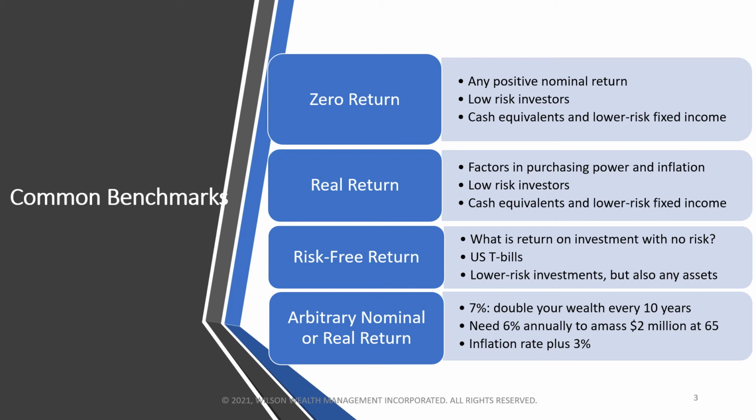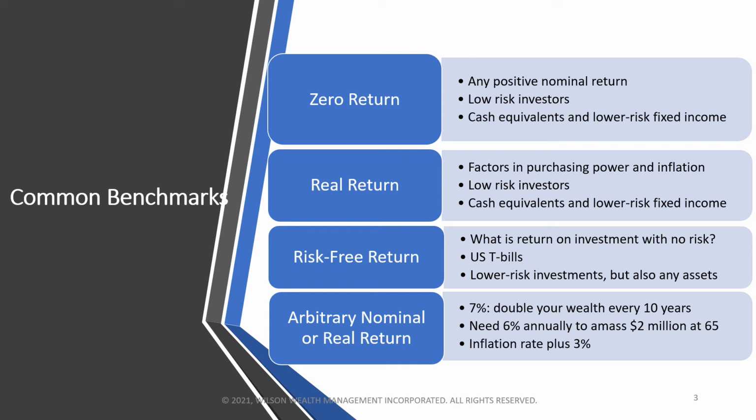And then the last one is the arbitrary, and that can be nominal or real. And that's just picking a number out of the air. Maybe it means something, maybe it doesn't. A lot of people say, I want to earn 10% on my investments. That's a number kind of plucked out of the air.